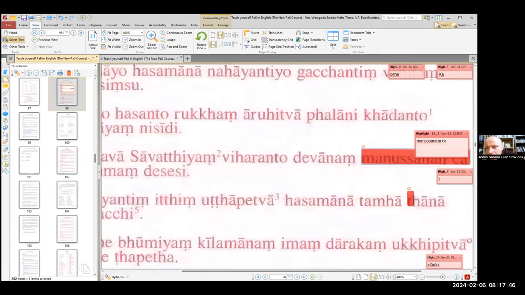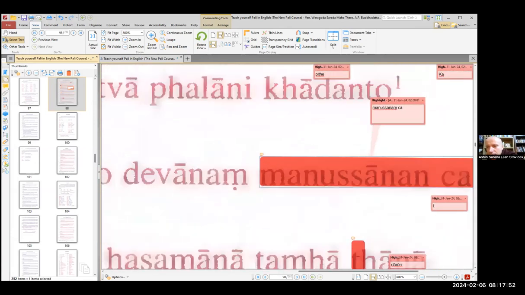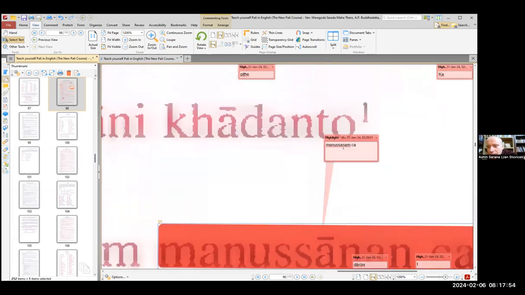devānaṃ, manussānaṃ. See, there needs to be an M with a dot. Or you could also write with N and a tilde.